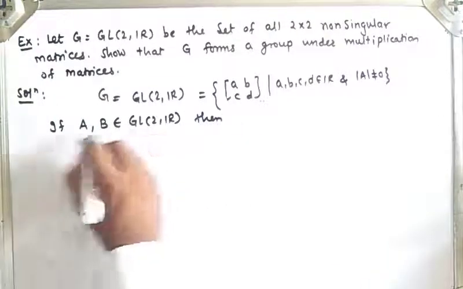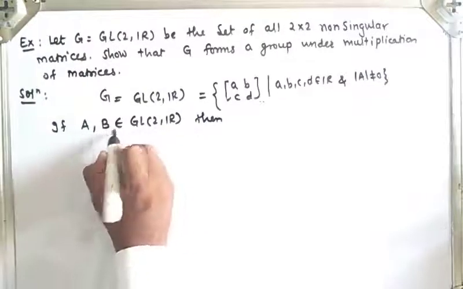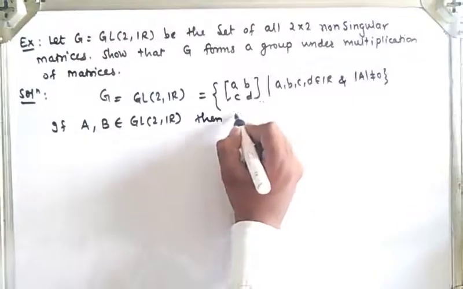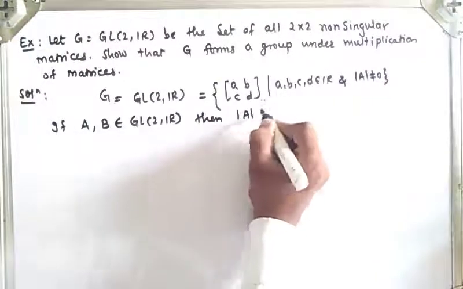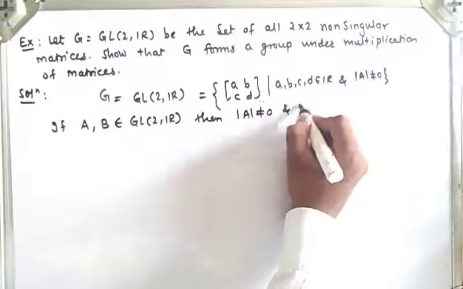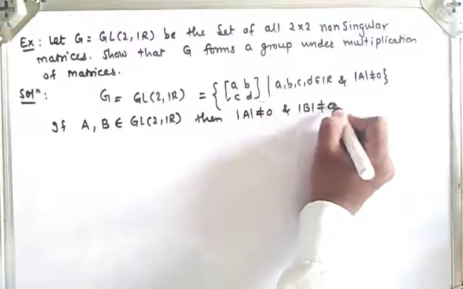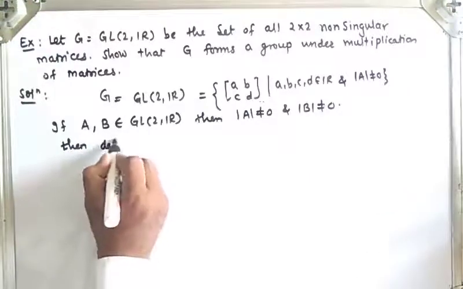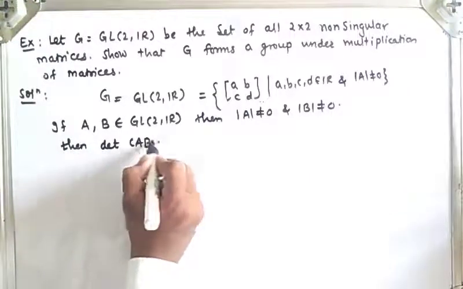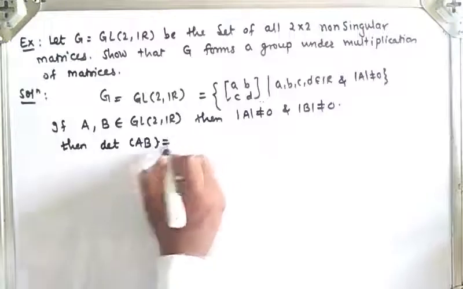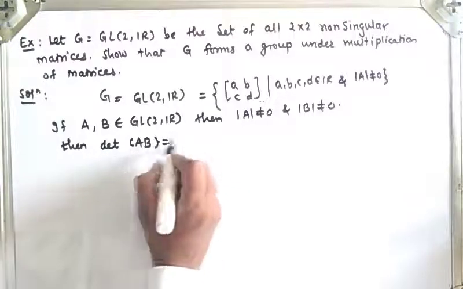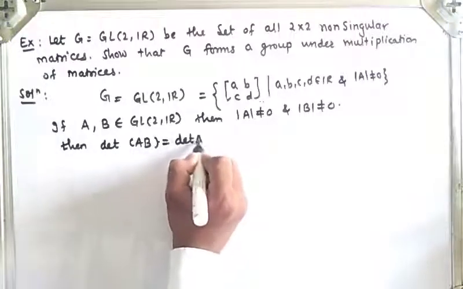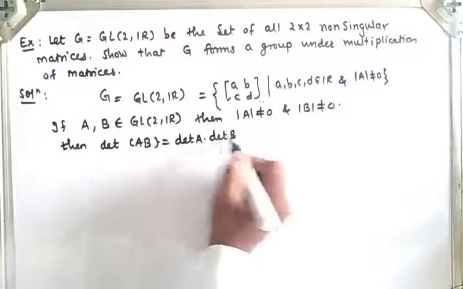Then what will we get? Here A, B belong to the general linear group, so determinant A is non-zero and determinant B is again non-zero. Then determinant of A times B is equal to determinant A into determinant B, which is the property of the determinant.